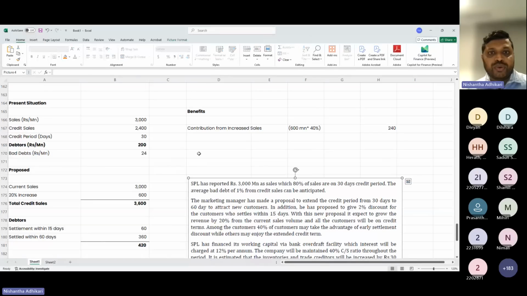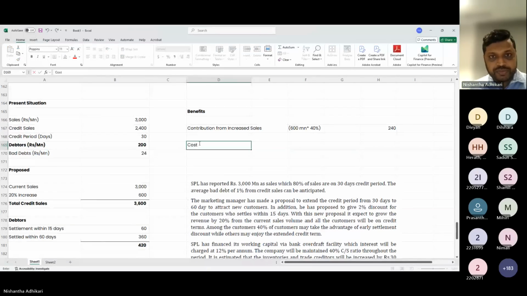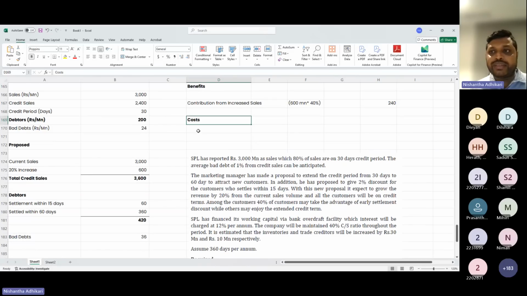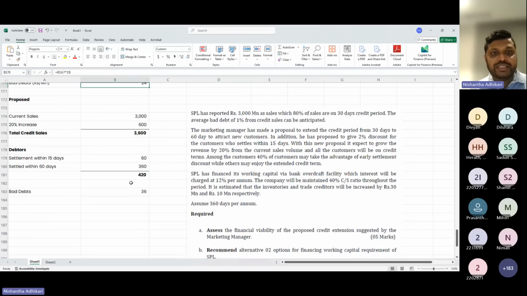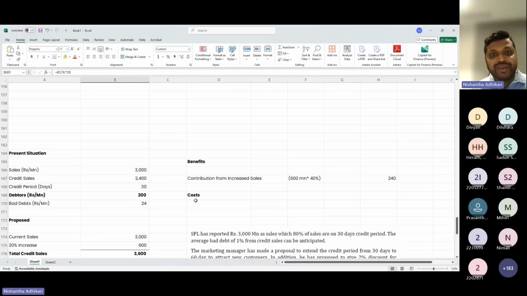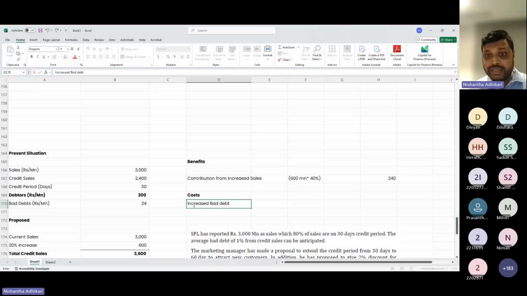Then you have to look at what are the costs. First one, initially bad debt was 24 million. Now it is 36 million. Therefore, bad debt went up. Increased bad debts. It is a cost.